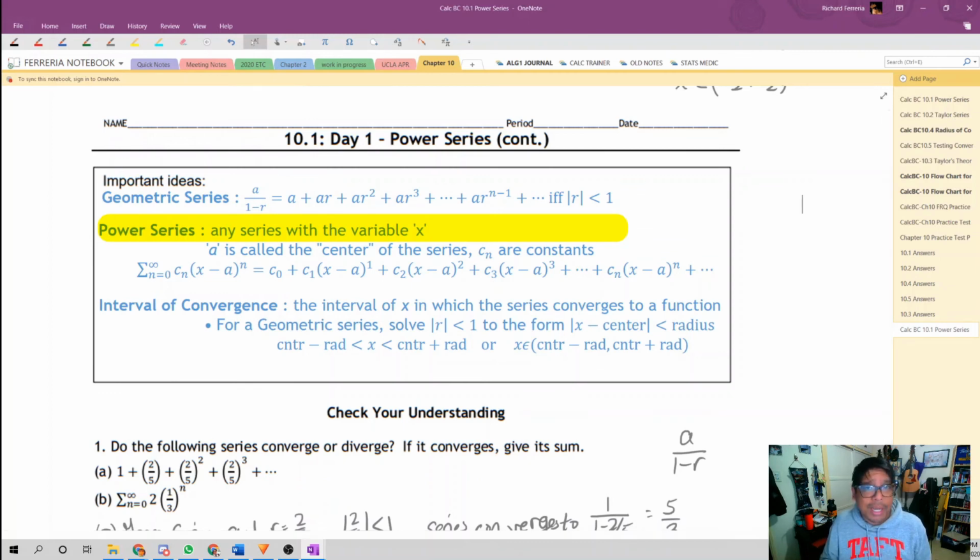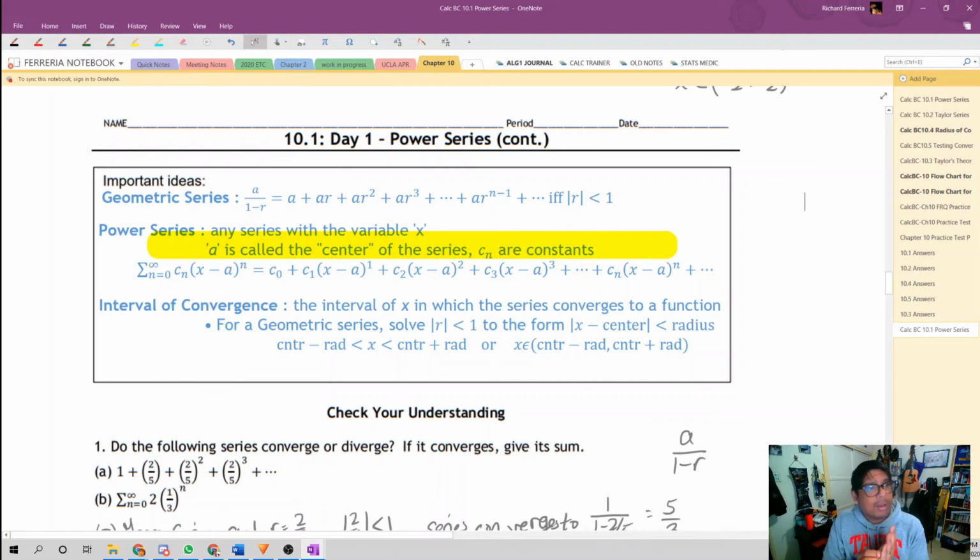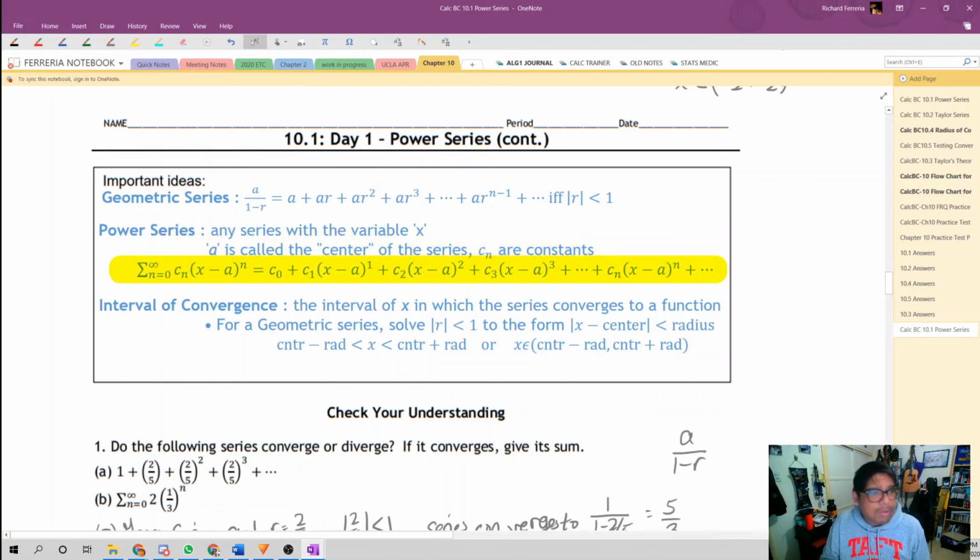A power series is any series with a variable like x in it. If we call a the center of the series and we say that any value c is a constant, then every power series can be written in the form of c0 plus c1 times x minus a to the first power plus c2 times x minus a to the second power, et cetera.